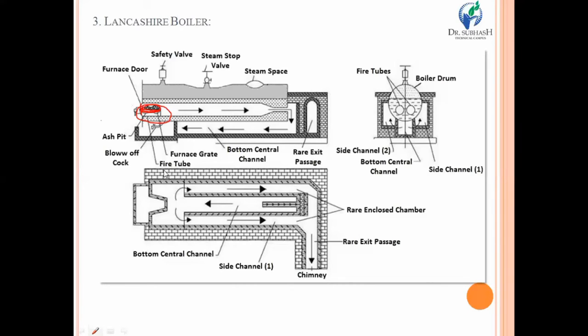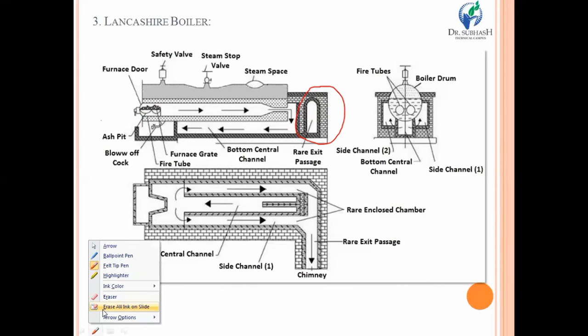Exactly on the right-hand side you have a smoke box, or we can say a flue gas box. Here, after circulating through various channels, the flue gas is finally collected, and through this part it is discharged to the atmosphere.